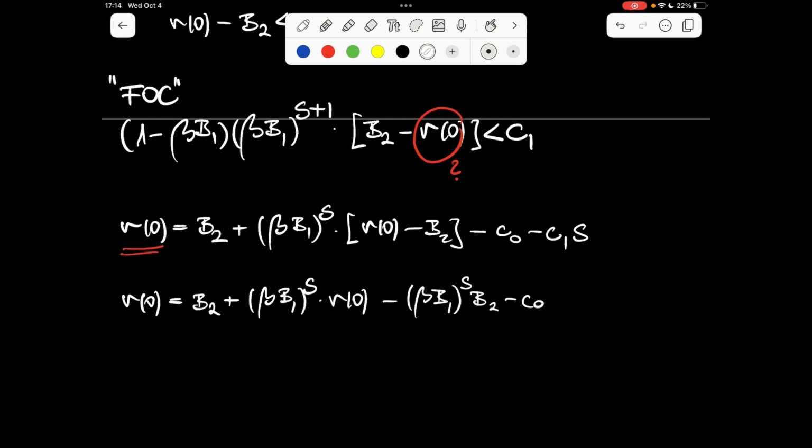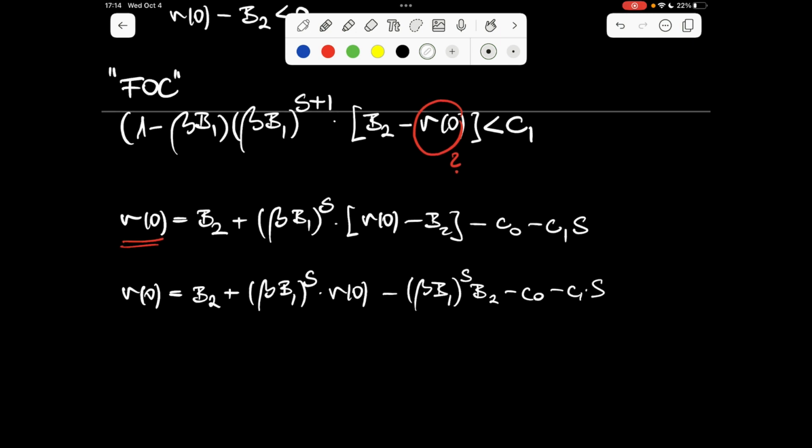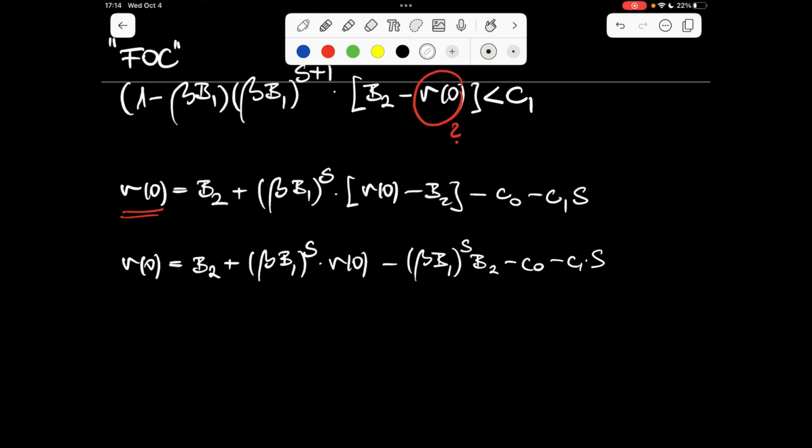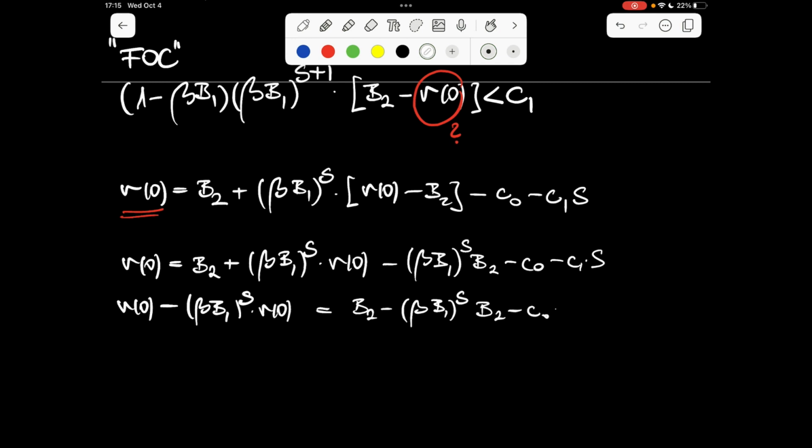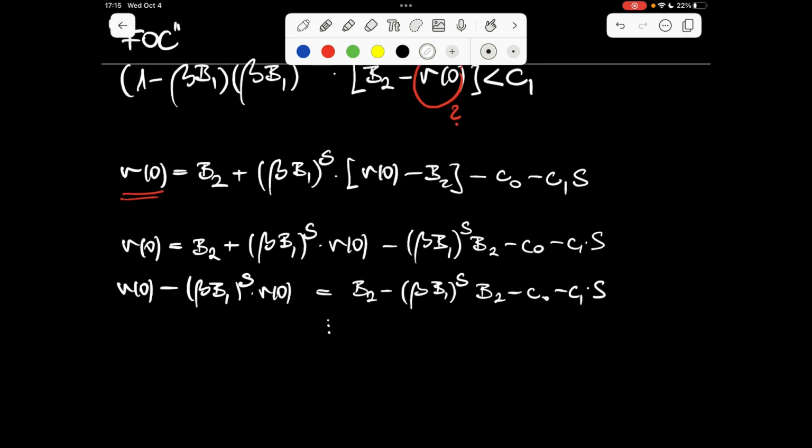It follows that this equality is true, and from this, please remember that we have only the value function at 0.